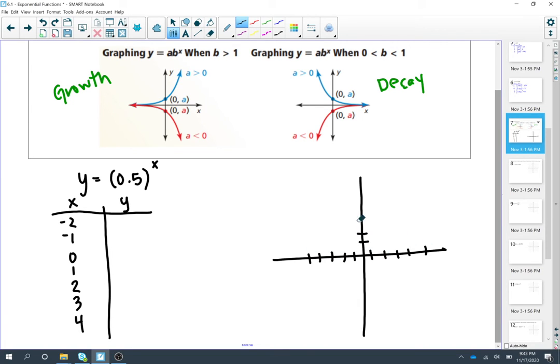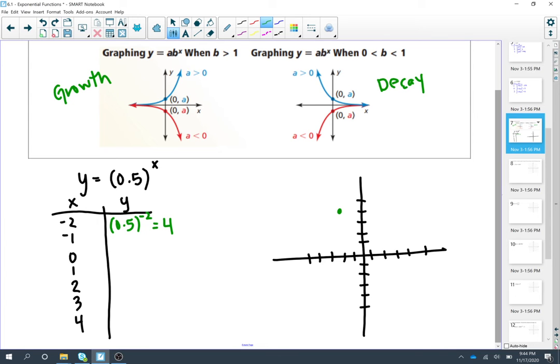Do the same thing. And let's see what happens. First of all, I'm going to substitute in -2. So we're going to have 0.5 to the -2 power. Grab your calculator. And then we're going to get 4. So on our graph, we're going to go -2 and then up 4.